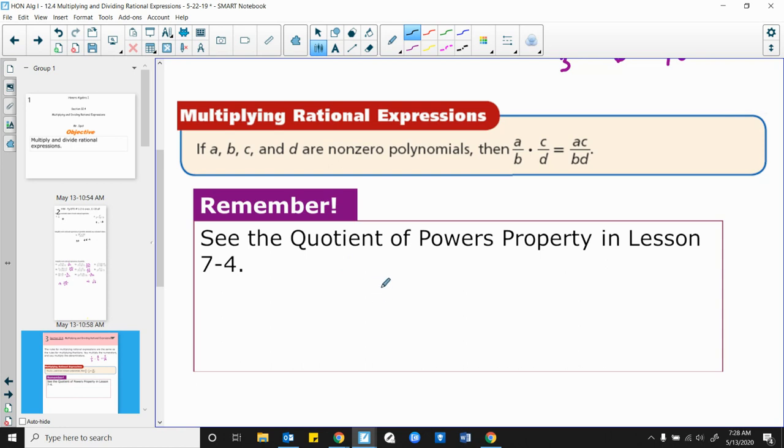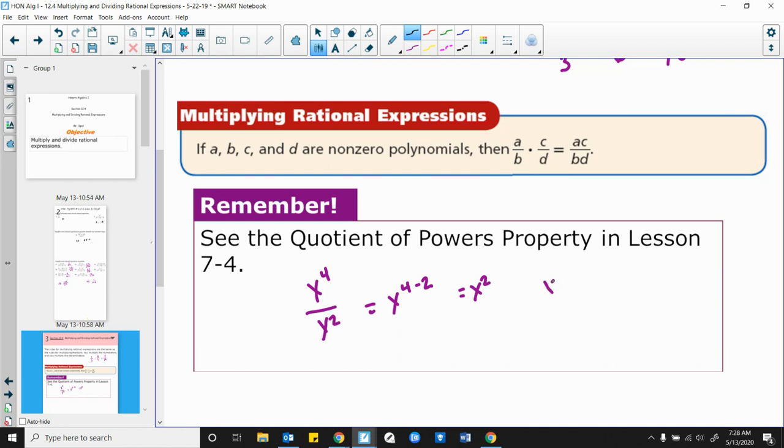Remember, there are 2 of them you're actually going to see in this section. If I have x to the 4th over x to the 2nd, remember that it's x to the 4 minus 2, which equals x to the 2nd.